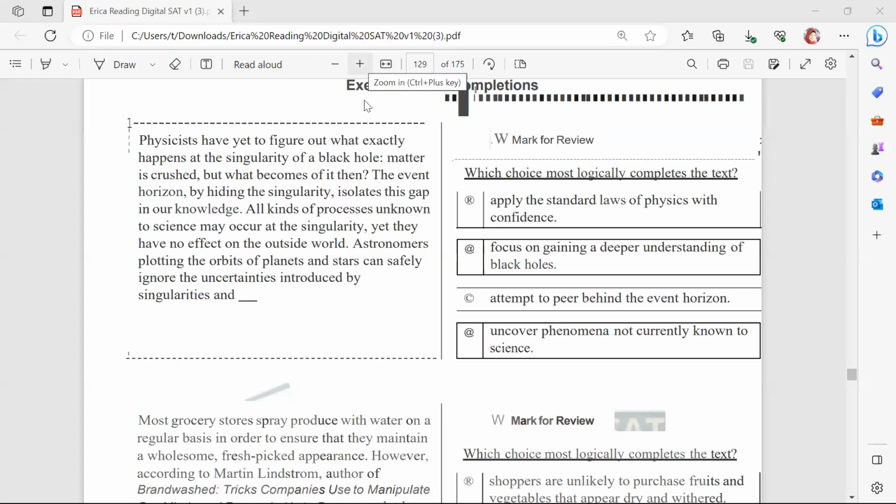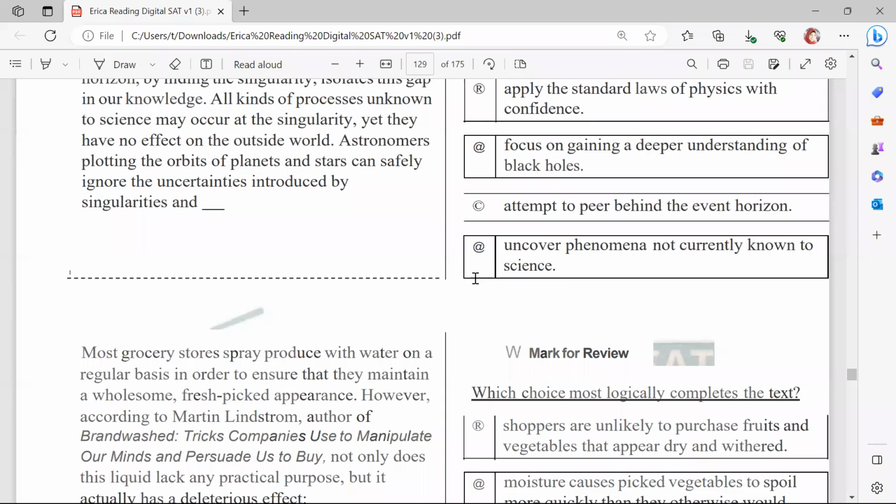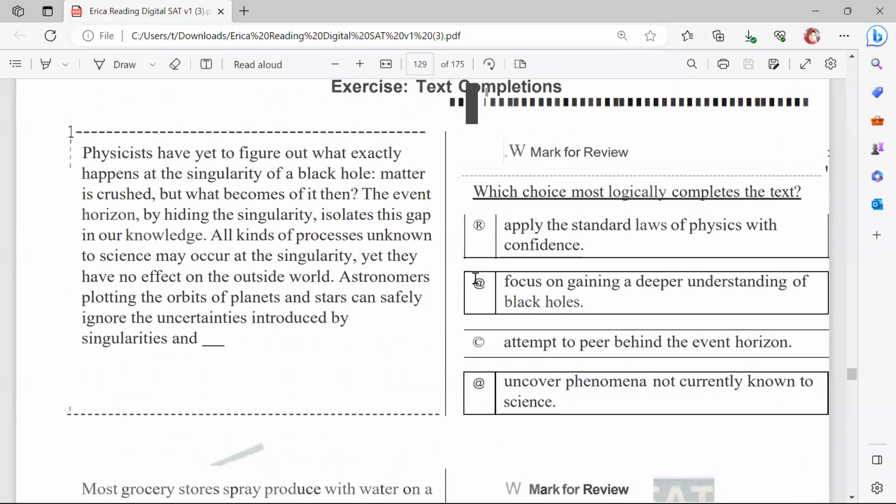So let's now apply together the tips and tricks and the strategy that we were discussing. Now, let's see. First of all, I made sure that this question is an inference question.